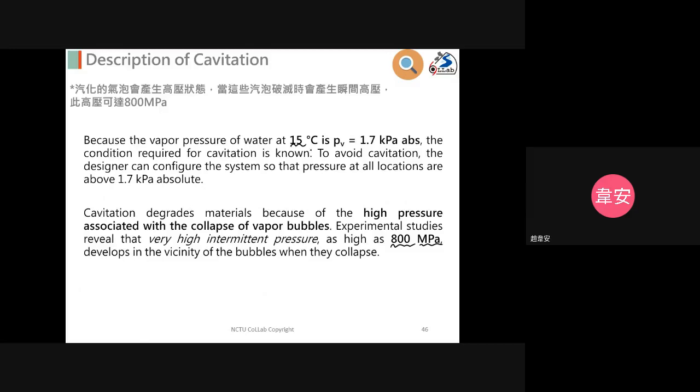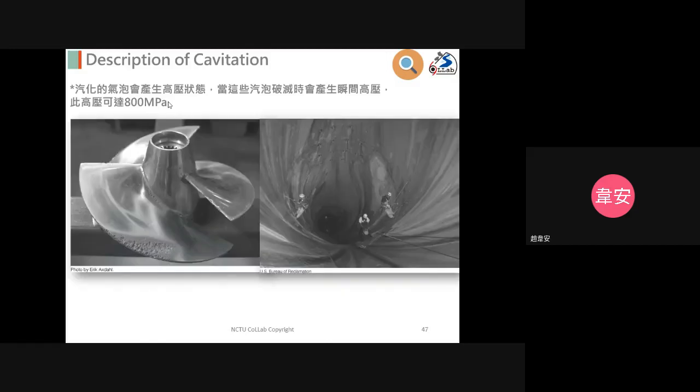So the vapor bubbles are very terrible because their pressure is quite high. This is a very terrible phenomenon caused by cavitation.